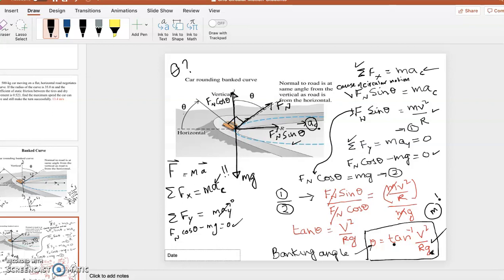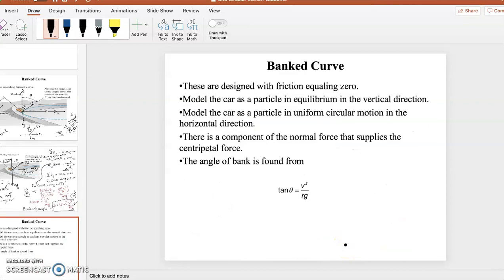So tan of the angle is proportional to the square of the speed of the car divided by rg. All right? Okay. Now, so you see, this is the formula. The angle of bank.